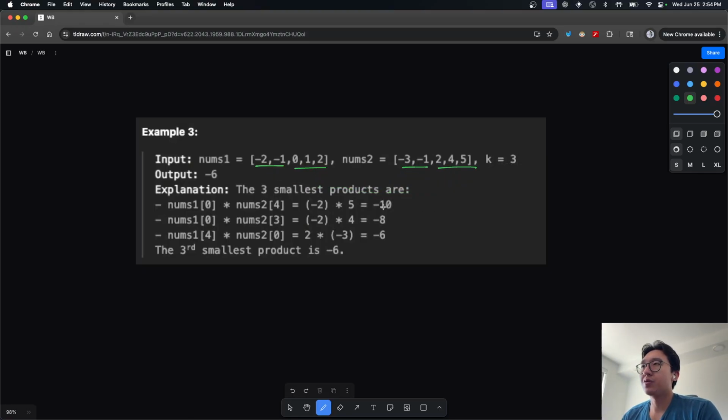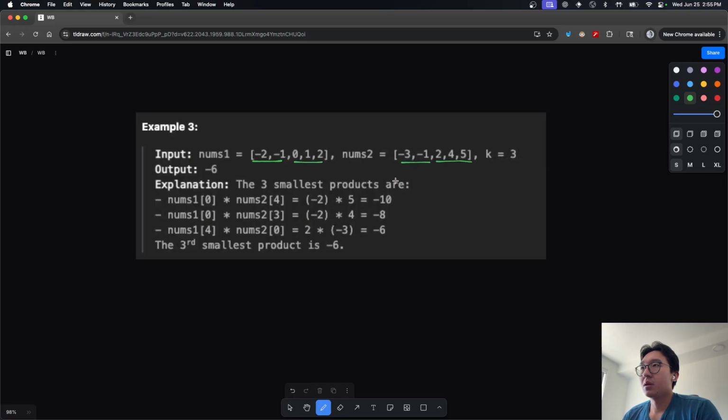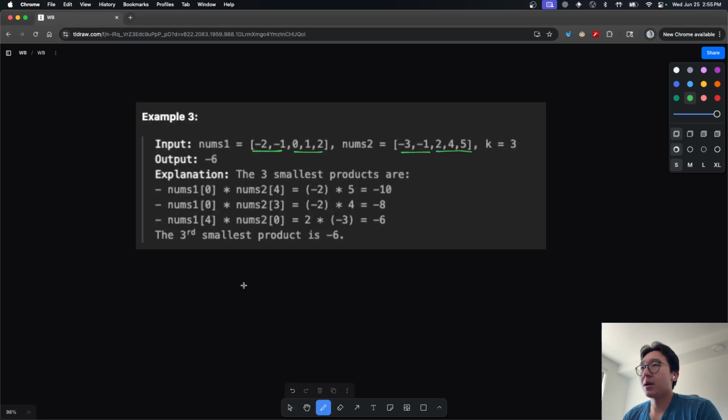But we actually want to do negative, positive, negative, positive first, and then, let's see. In this case, we're going to have this and this.